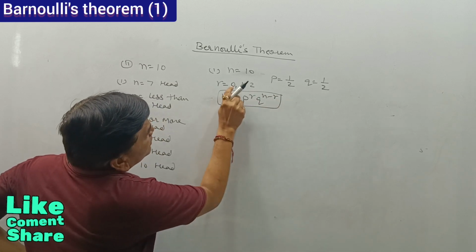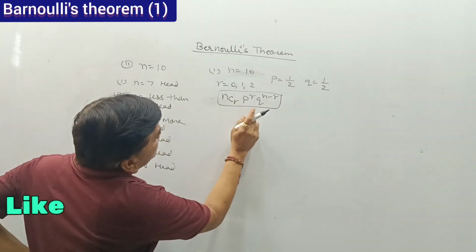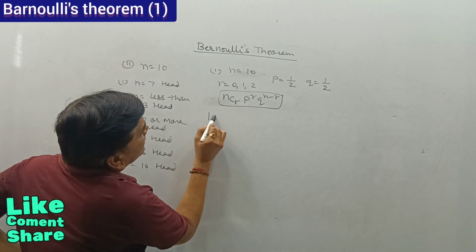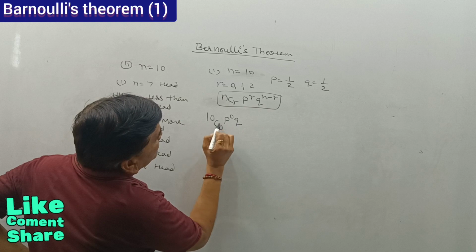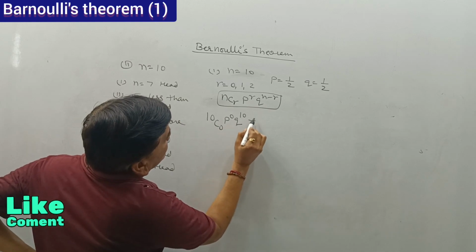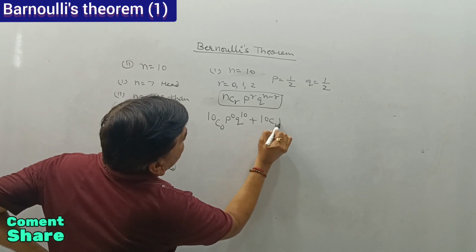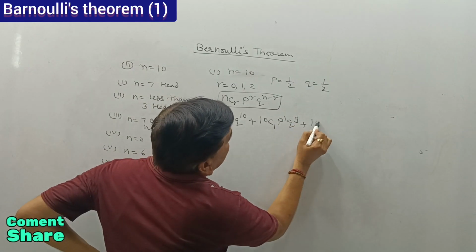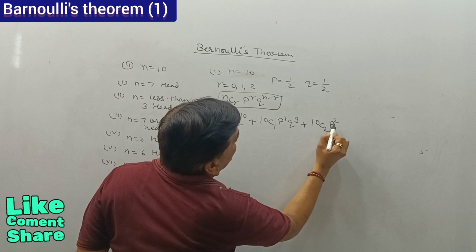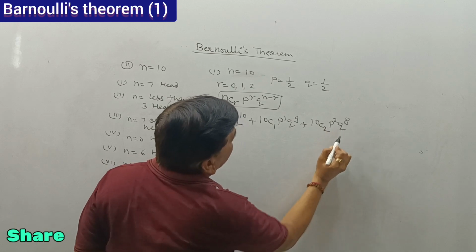So one time r is 0, one time r is 1, one time r is 2. So this will be 10C0 p raised to power 0 q raised to power 10, plus 10C1 p raised to power 1 q raised to power 9, plus 10C2 p raised to power 2 q raised to power 8.